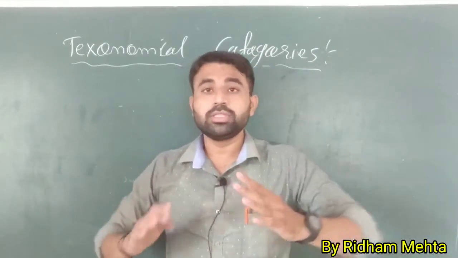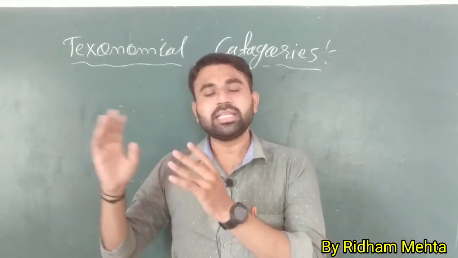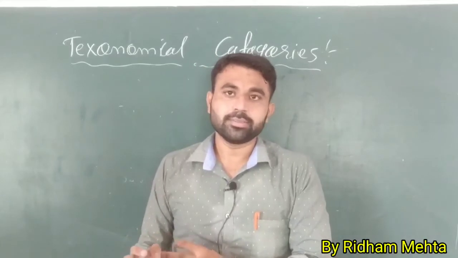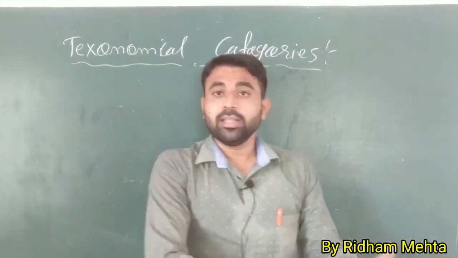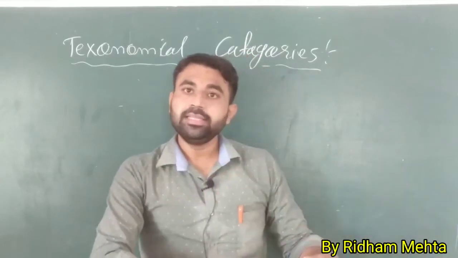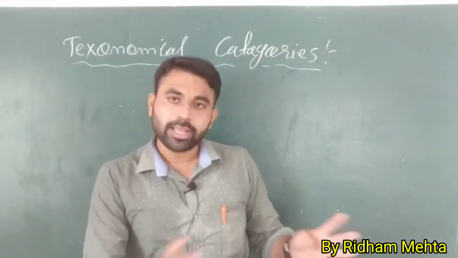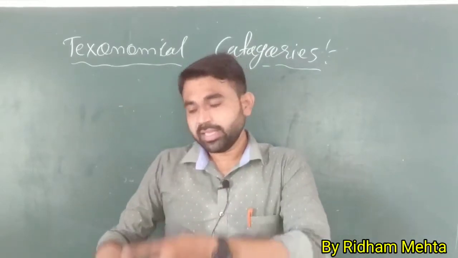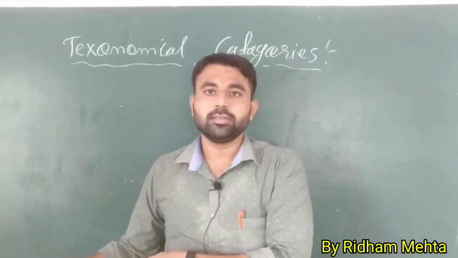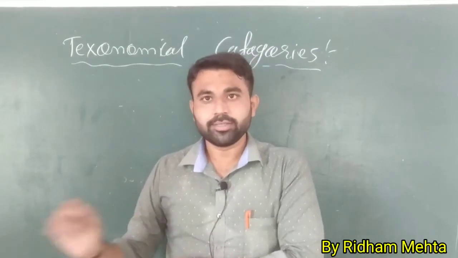We use different keys of their characters, and according to their characters we put them in a single group. Then if we find different characters among them, we further separate them into different groups, and then further separate them according to their characters.